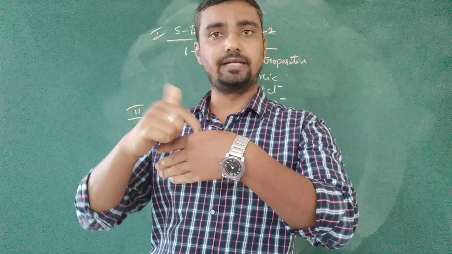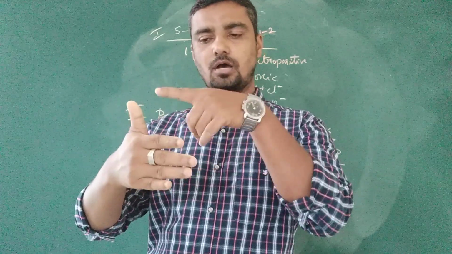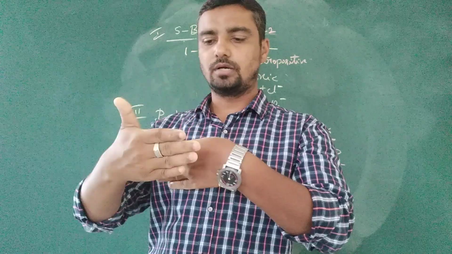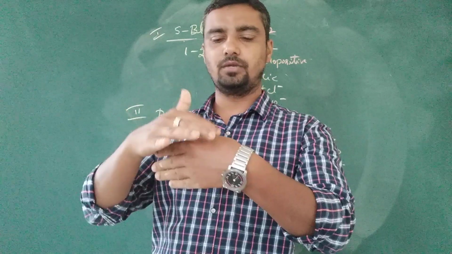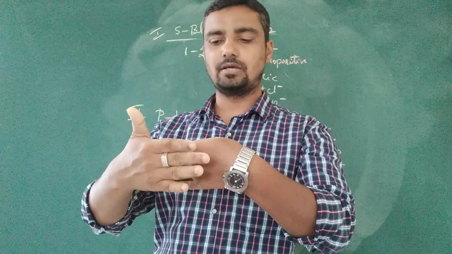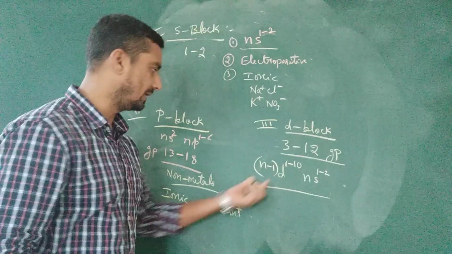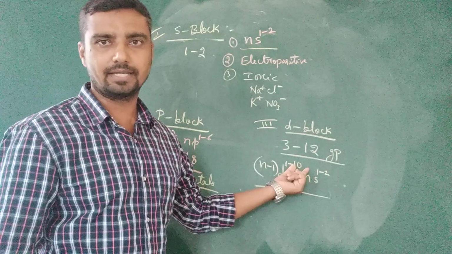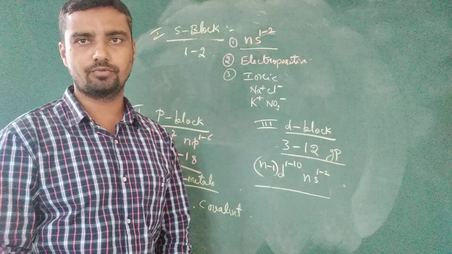That is the 4s. After the filling of 4s, it is filled in the 3d. So the electron fills an orbital one layer inside. That's why we write (n minus 1) d with minimum 1 electron, maximum 10 electrons, and ns 1 to 2. This is the general electronic configuration.